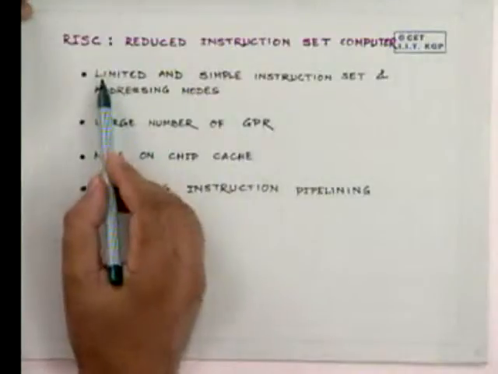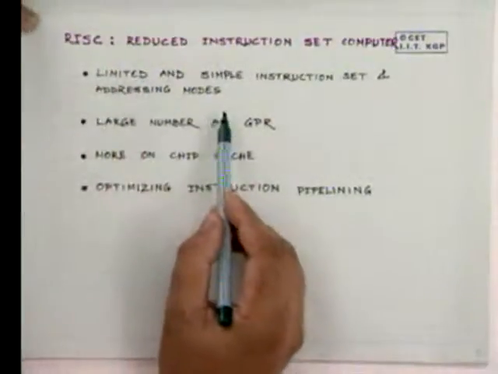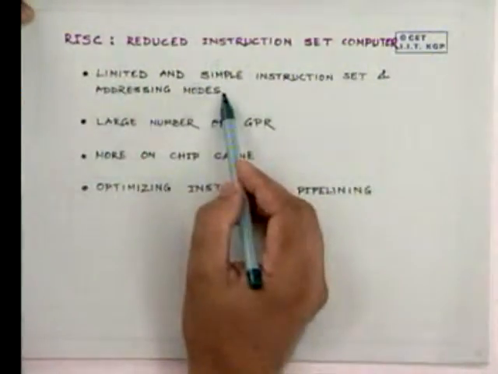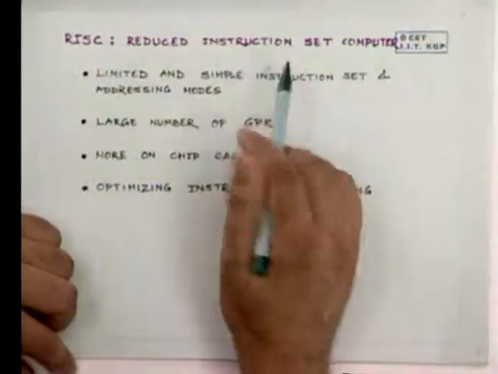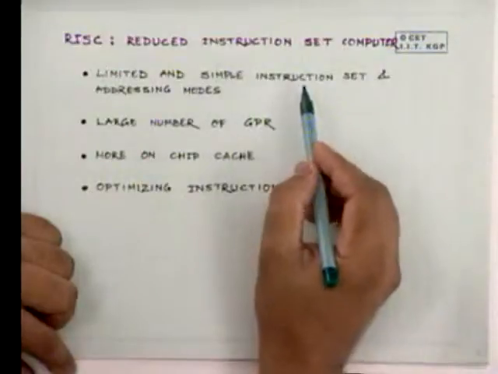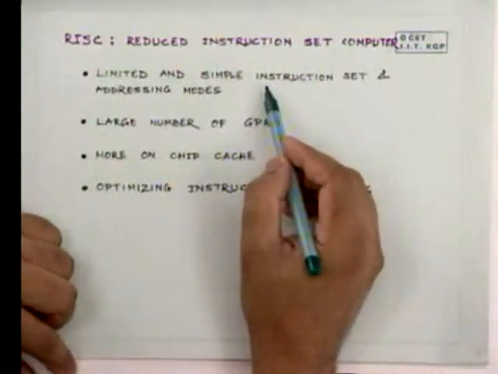Here we take a limited and simple instruction set and addressing mode. The advantage is that the hardware needed to decode and execute an instruction is much simpler, and therefore it takes much less space in the VLSI chip. Therefore, much more space is available for other purposes.